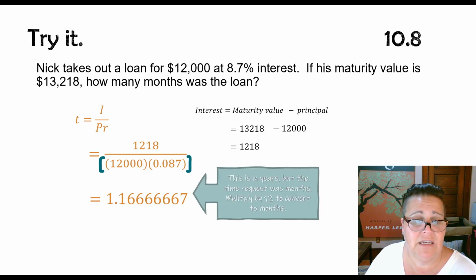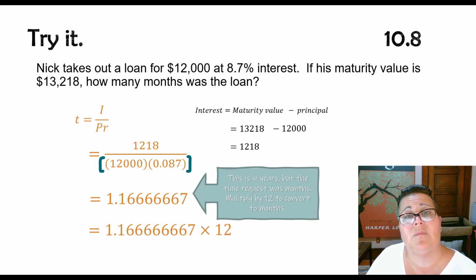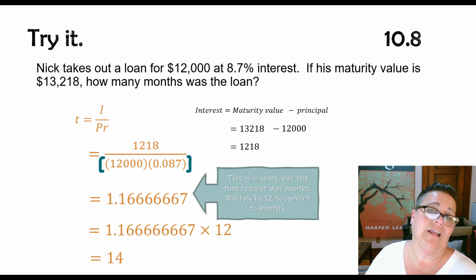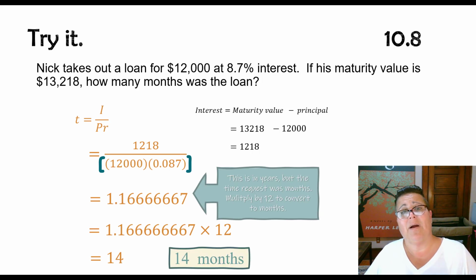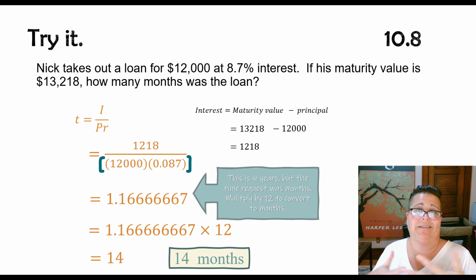This is in years, so this is 1.16 years, so it's a little bit more than 1 year. The answer, however, should be in months. So since there are 12 months in a year, I'm going to take this number and multiply it by 12. And when I do that, I get a full-on answer of 14. So I trust the answer in part because it worked out to be a nice, solid number. It's just one of the things we do.